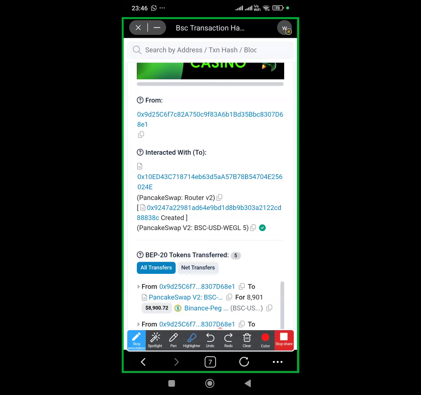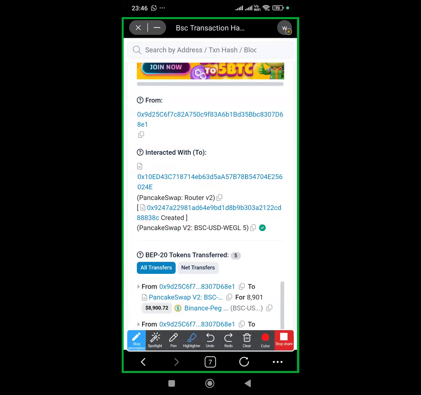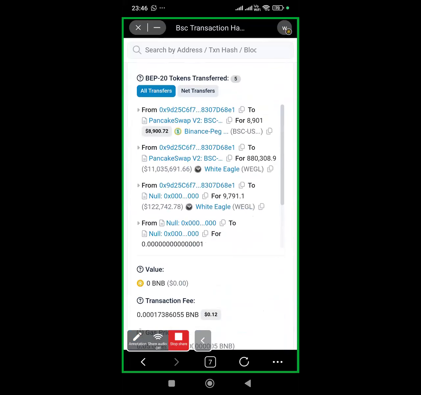When he put in liquidity on a V2 volume, this is the pair address on which he put the liquidity on Pancake V2. So what did he receive from Pancake? The question arises here. The transparency starts from here. This is the address.